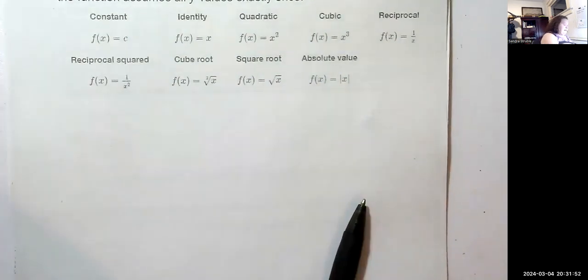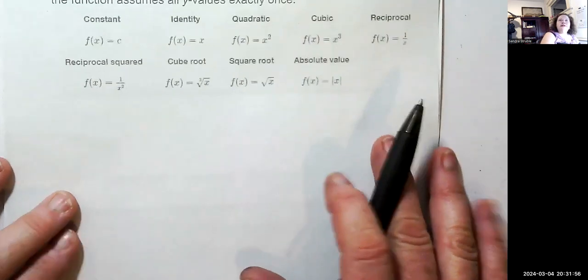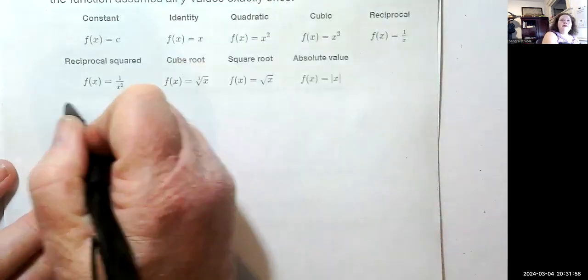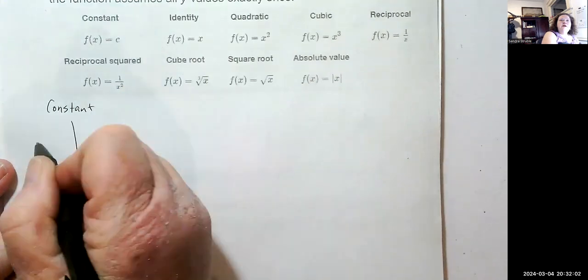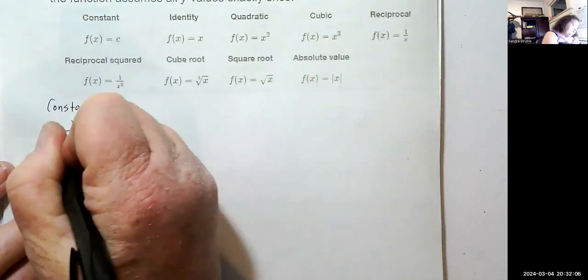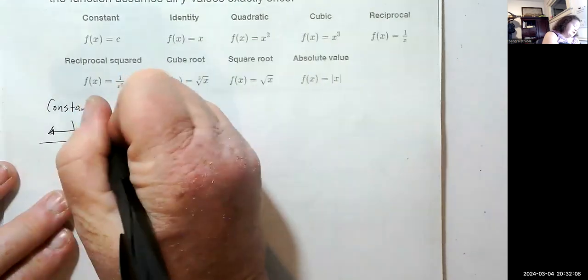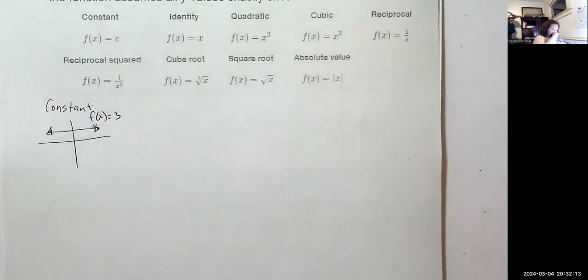Let's see what each of these looks like. The constant function, an example would be right here. Let's just say f of x is equal to 3. It's not one-to-one, right?